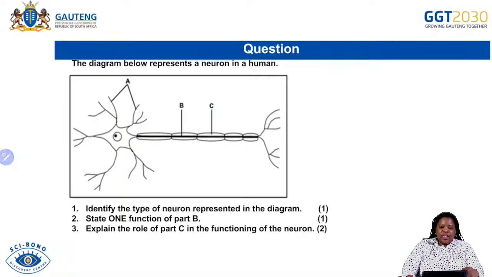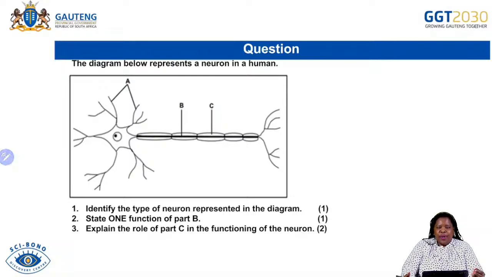Now, we're going to do a few questions based on those concepts. Remember, you also need to get past papers, even if it's not all, a few sets of question papers, so that you get used to the way we ask the questions. This question says the diagram below represents a neuron in a human.